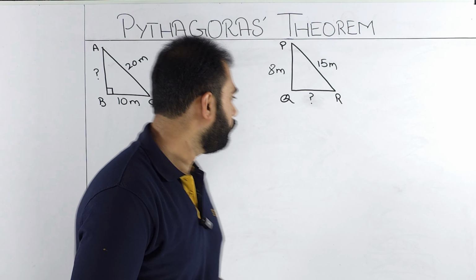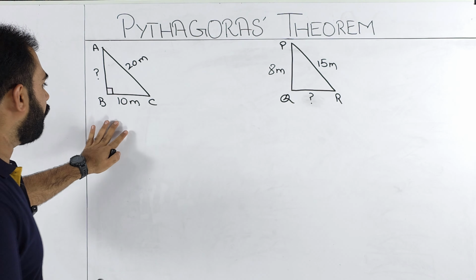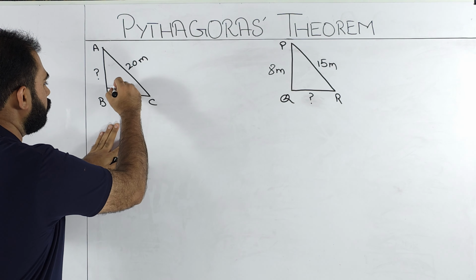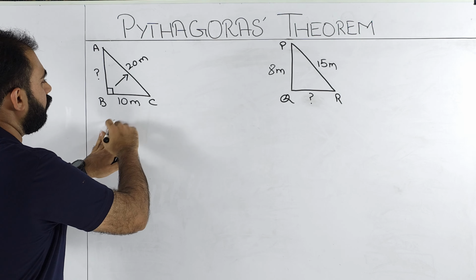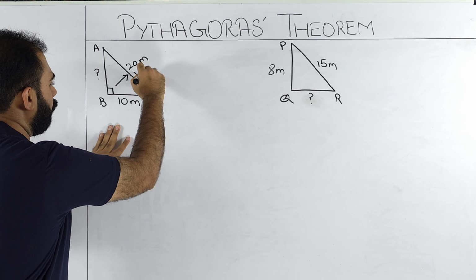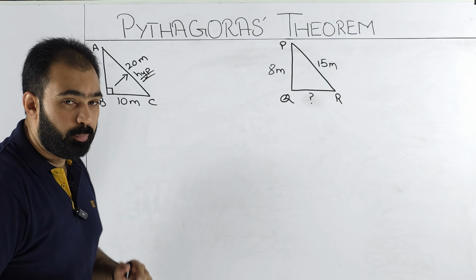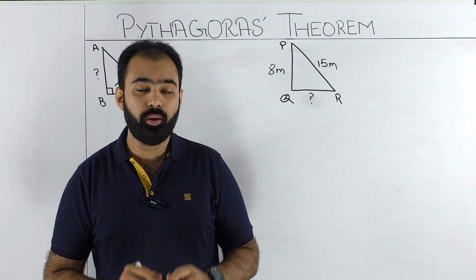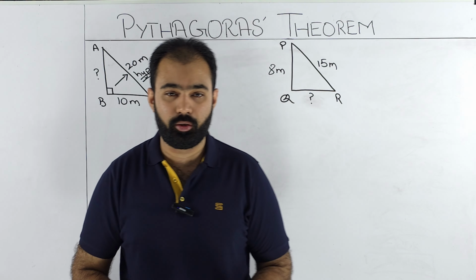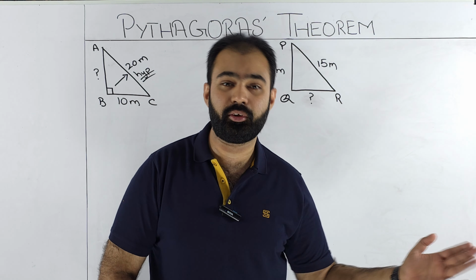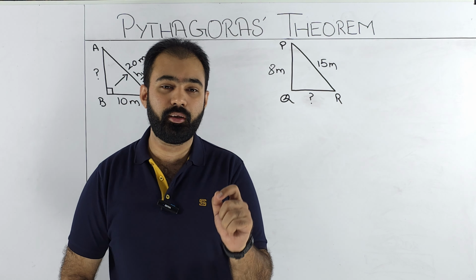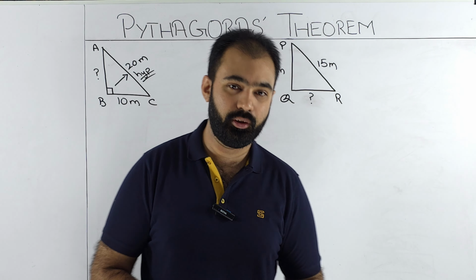Okay, now in this case again we have a right angle triangle, so the length opposite to right angle is hypotenuse. See, this is very important. You have to identify which length is hypotenuse because equals to के एक तरफ उस length को रखना है. So it is very important that we identify which length is hypotenuse.